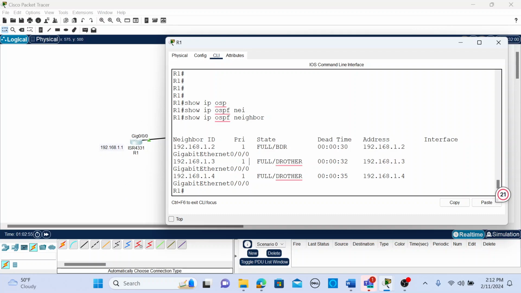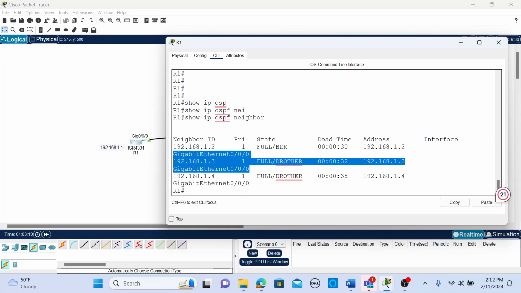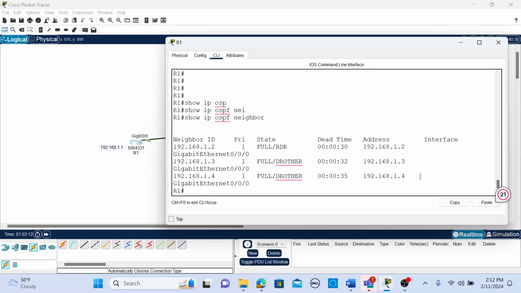You will see your neighbors here. So 192.168.1.2 is your neighbor, which is in BDR state here, and the remaining two routers are in DR other state. This is the dead time interval, and this is the IP address of that particular interface.